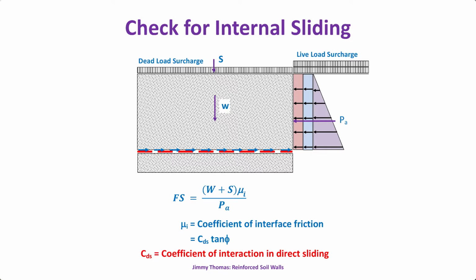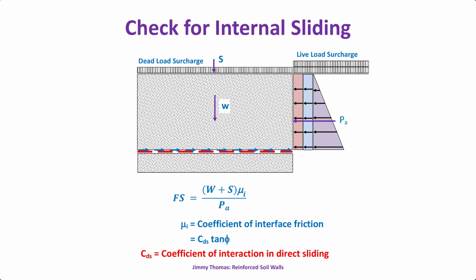Then how do we do the check of internal sliding? It's simple, again it's friction only. What is the normal force? What is the friction? Here we have interface friction, that means soil is sliding with respect to the reinforcement. So the coefficient of friction is basically an interface friction, and this is related to the angle of internal friction of the soil.